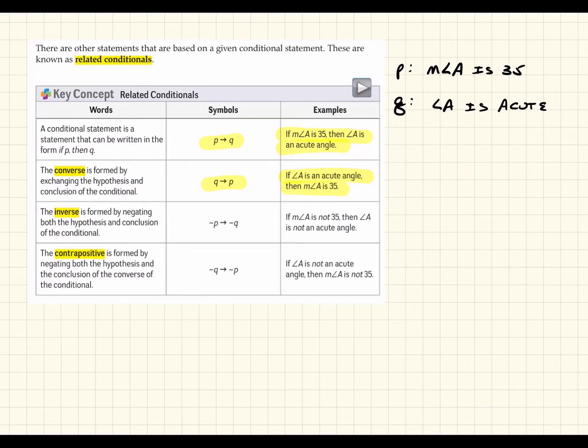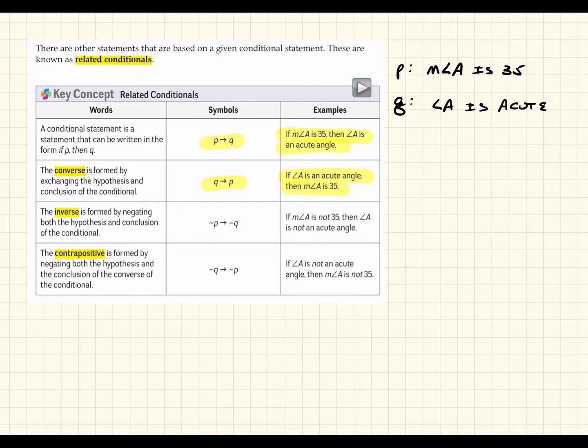An inverse is formed by negating both the hypothesis and the conclusion in the conditional. So remember that a negation is the opposite, if you will, of a statement.